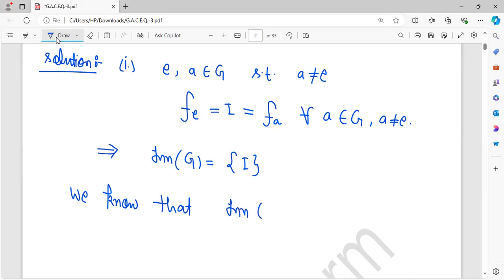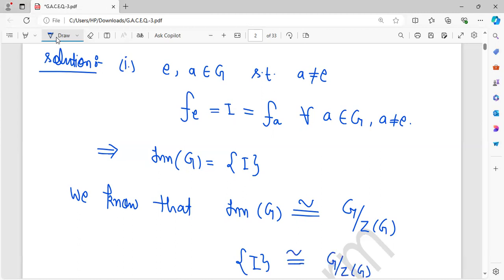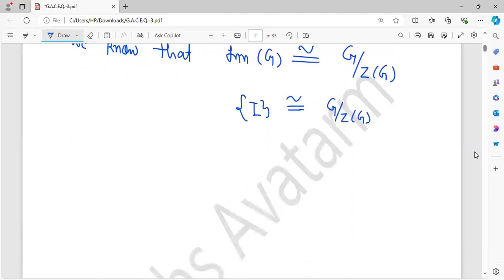So we know that the inner automorphism group of a group is always isomorphic to G quotient Z, the center of G. This contains only the identity element. So this is isomorphic to G by Z. When the quotient contains only one element, that is the identity element, in that case the center is equal to G. So G quotient by center is isomorphic to a group having only one element.